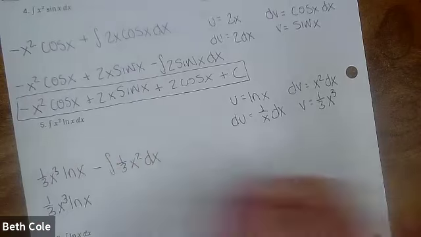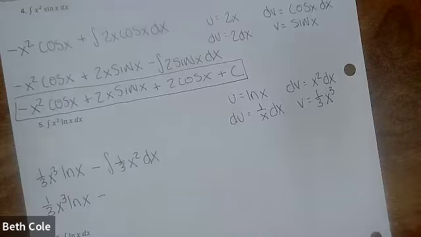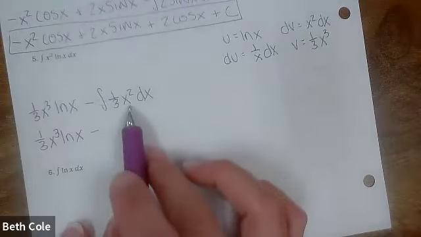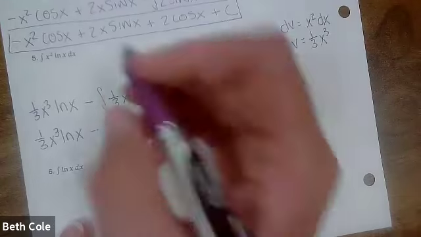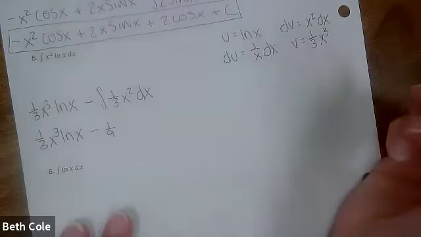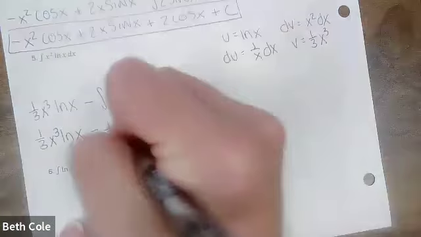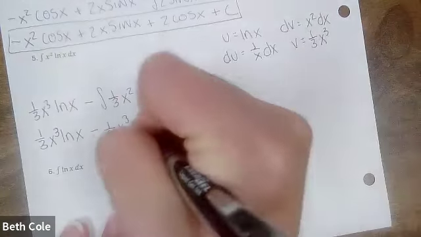Just don't do a copy error. And then what is your antiderivative for this piece? Anyone want to give it a shot? 1/9, good, because a third times a third. X cubed, and then, beautiful.